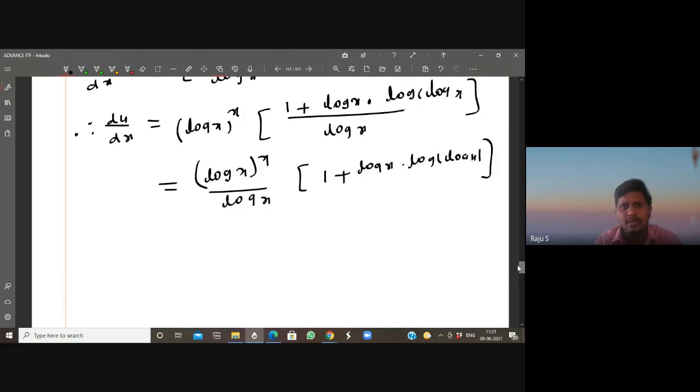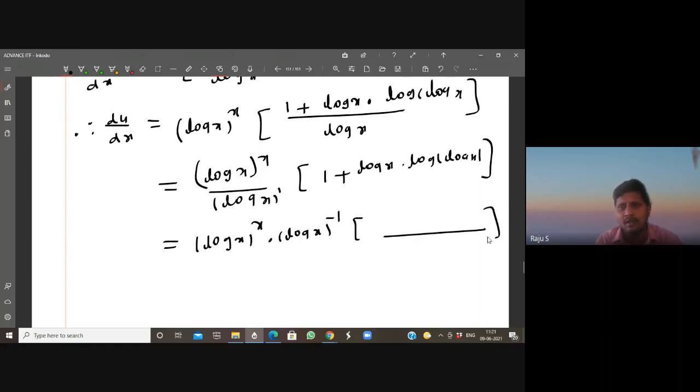Next, see here, I want to take this log into the numerator. Log x whole power 1, shall I write here log x? Nothing but log x whole power 1 is there. If you take it into the numerator, it becomes minus. With this bracket value, you have to write as it is. Now, bases are equal. What shall we do then? Powers we can add. That is x minus 1, and finally 1 plus log x into log of log x.